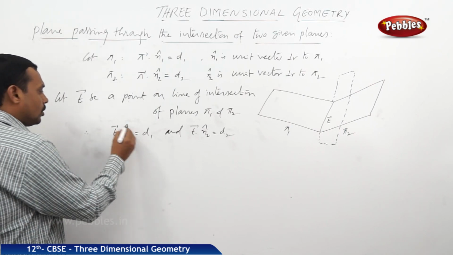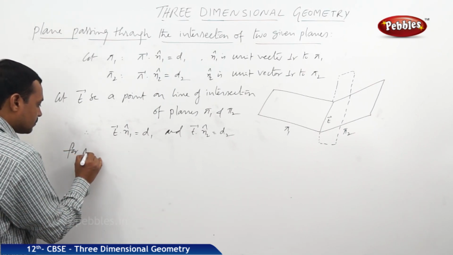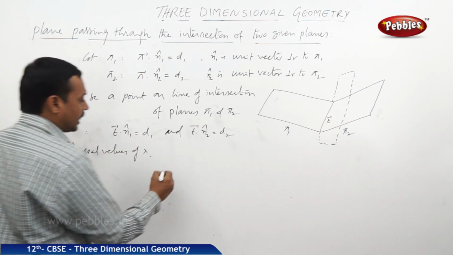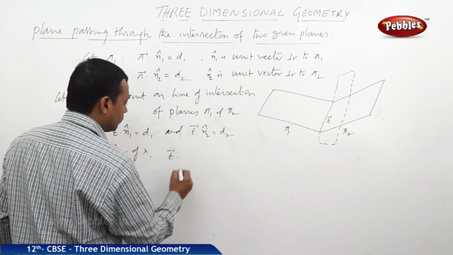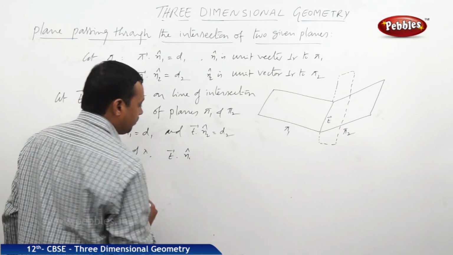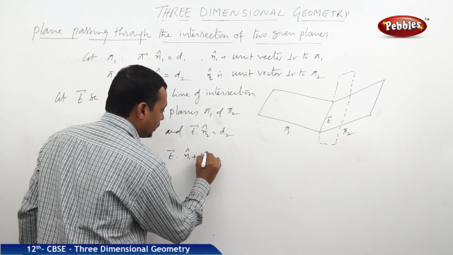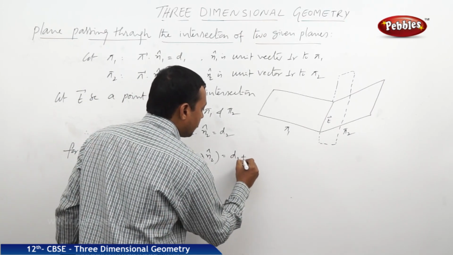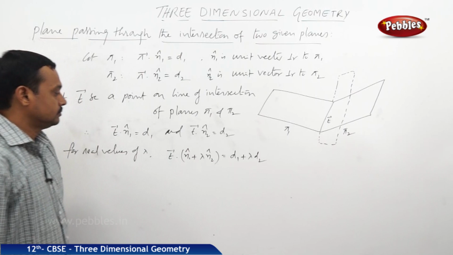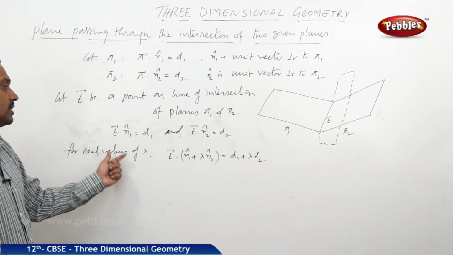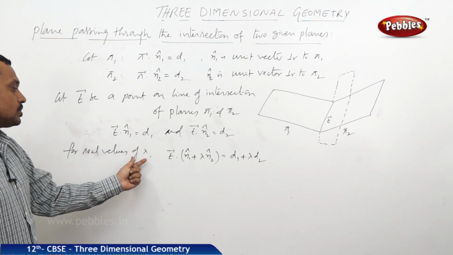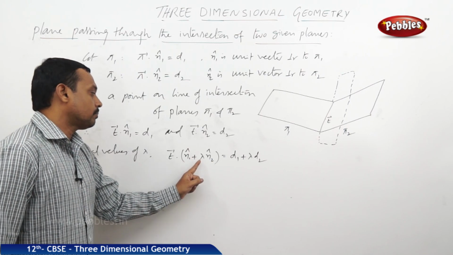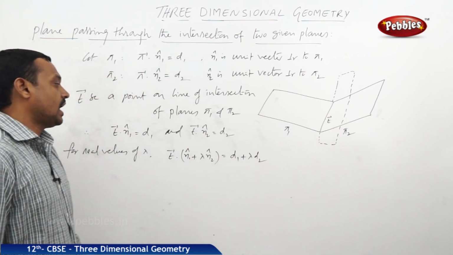Now, for all real values of lambda, we can write t bar dot n1 cap plus lambda n2 cap is equal to d1 plus lambda d2. Since t is an arbitrary point, any lambda value can be taken.